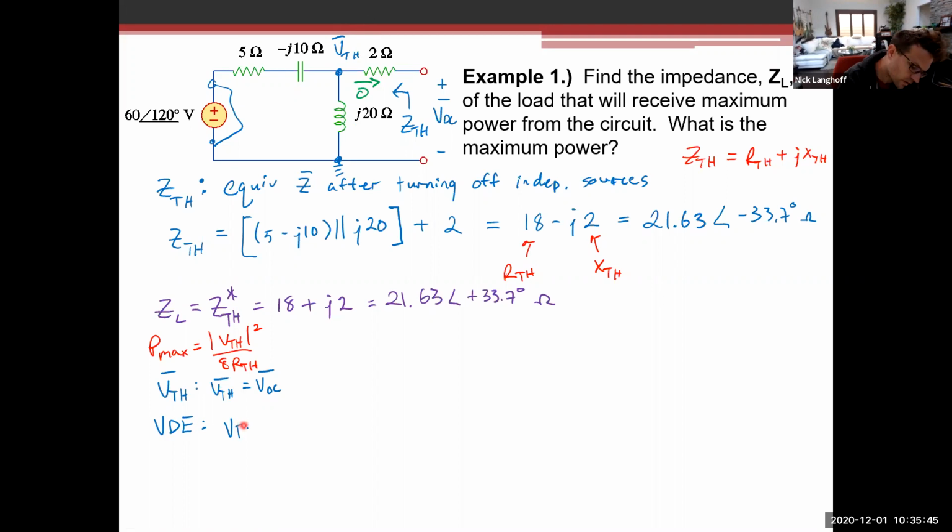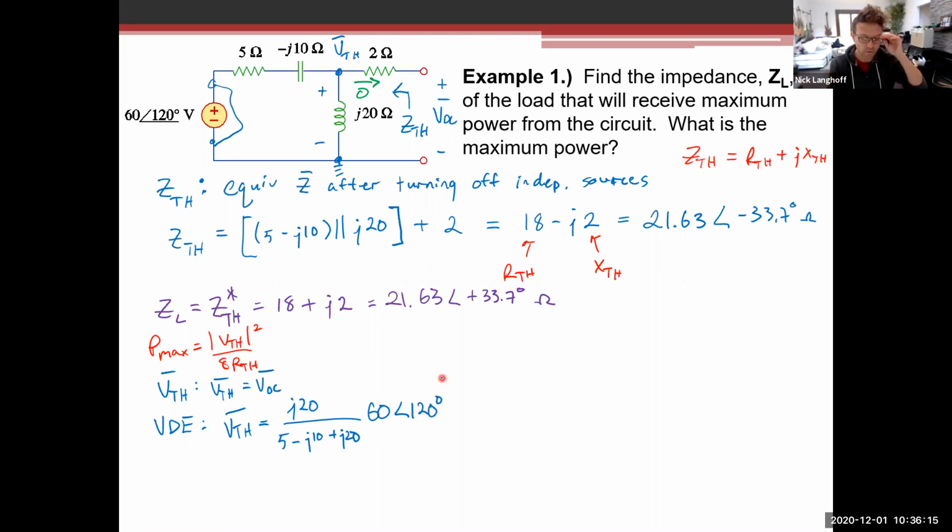So V Thevenin is equal to the voltage across this impedance, across the j20. So j20 over 5 minus j10 plus j20, all times the source, 60 volts at an angle of 120 degrees.